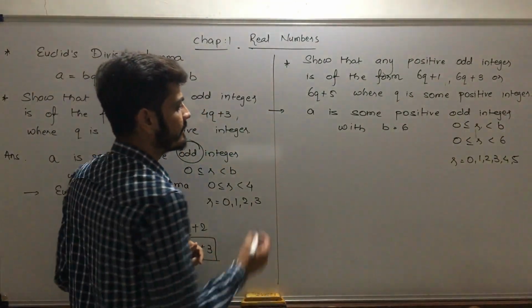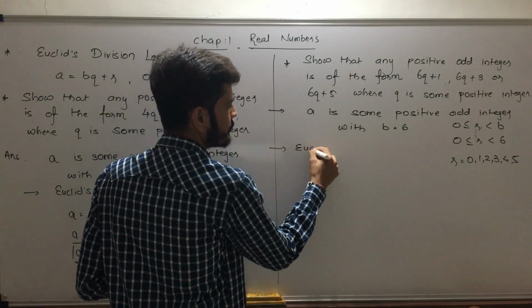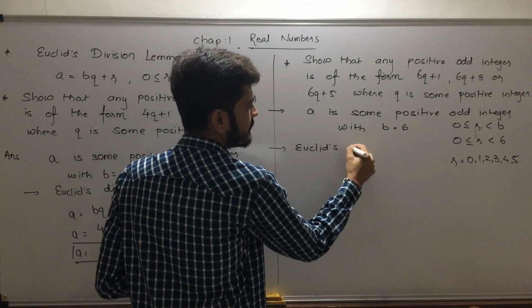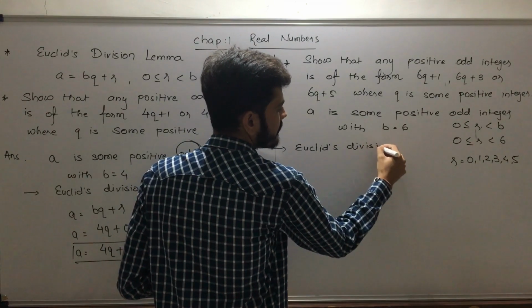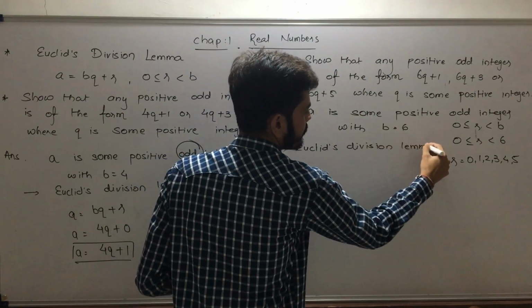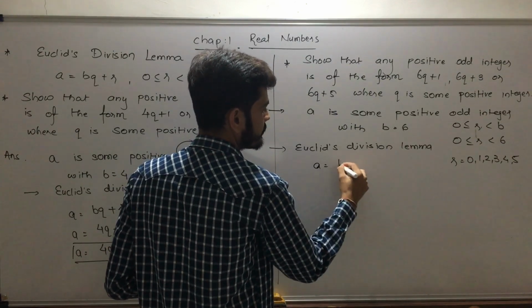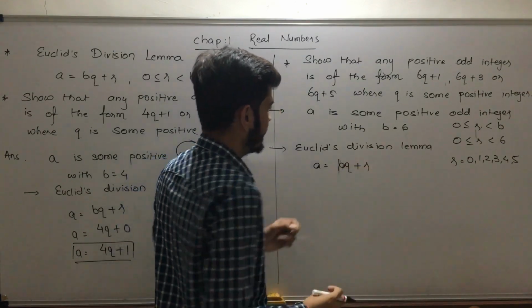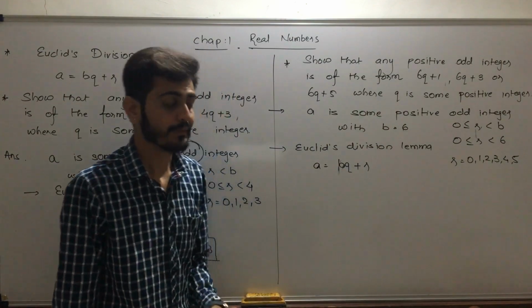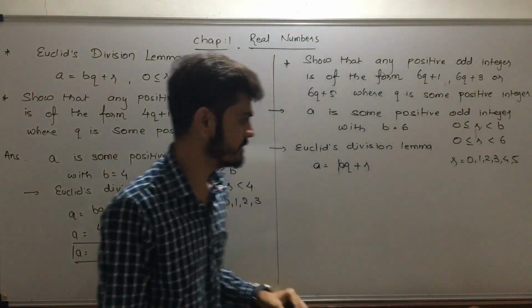Now let's apply Euclid's division lemma: A equals BQ plus R, where we have B equals 6 and R has 6 different values.